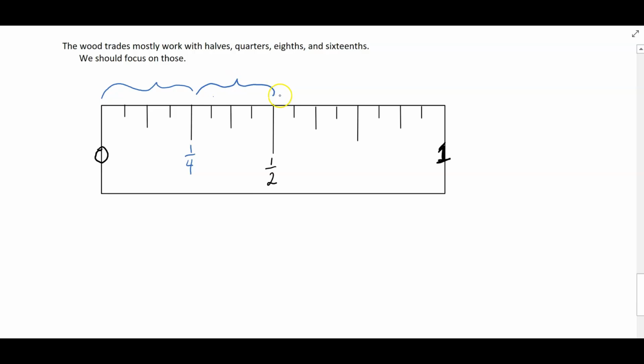That's 1/4. That's 1/4. Oh, let me fix that. And that's 1/4. So 1/4, the next one would be 2/4, which is equivalent to 1/2. This will be 3/4, and 4/4 is 1 whole.